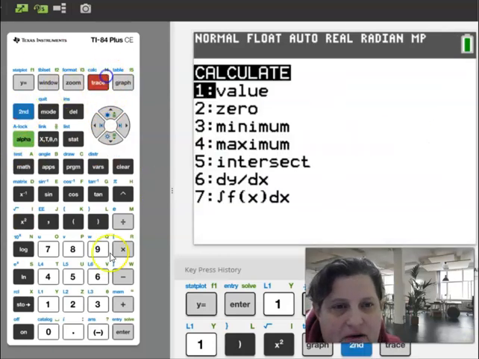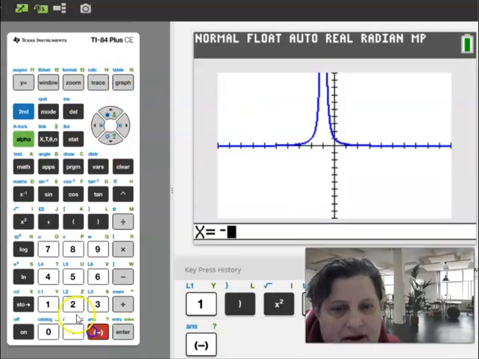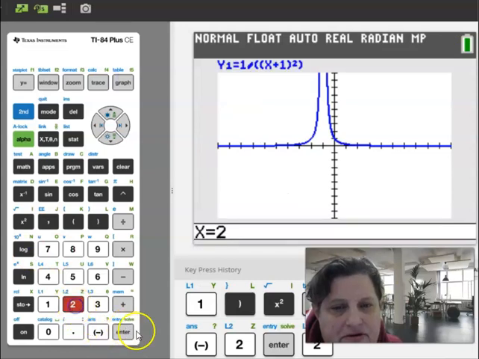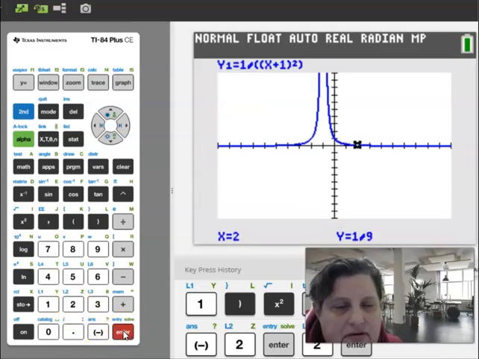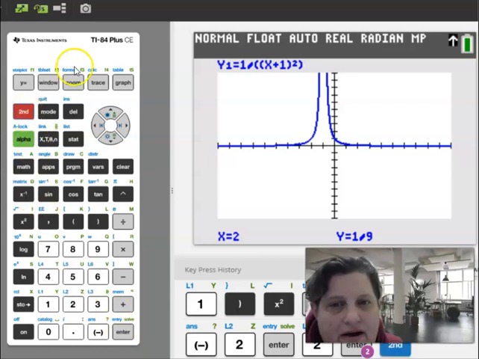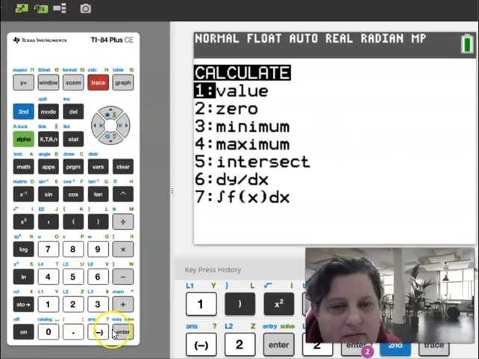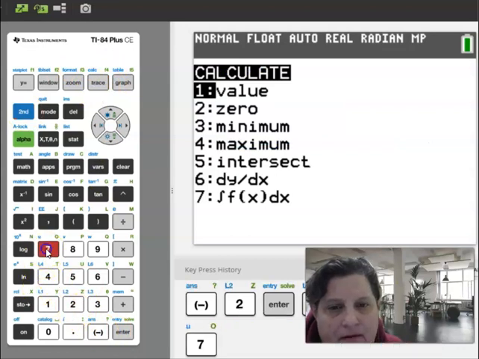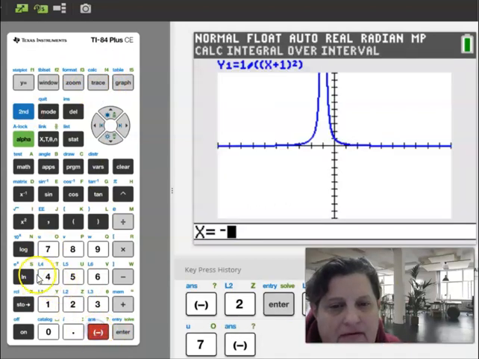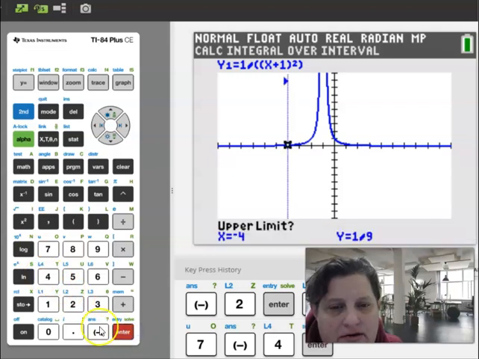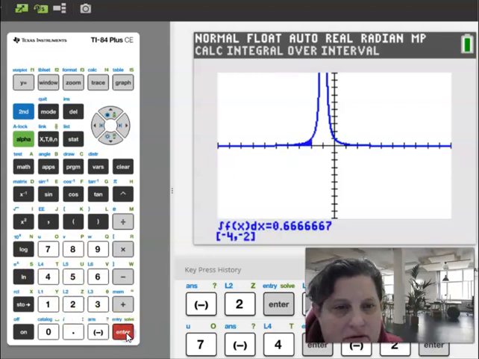And so if I'm trying to calculate the integral from -2 to 2, it's not going to like that, okay? It's not going to let me. Now, what if I wanted to calculate the integral from -4 to -2? That's fine.